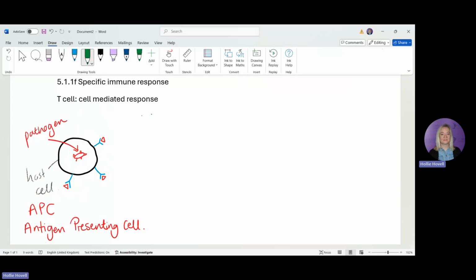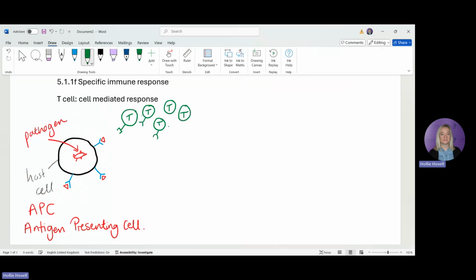So circulating in your body fluid, in your blood, you've got lots and lots of T cells. Thousands of different types of T cells. Now, the difference between all these T cells is that the receptors on them are a different shape.